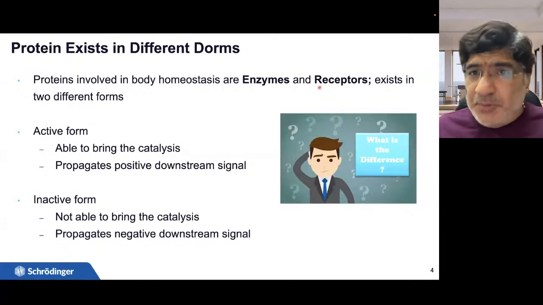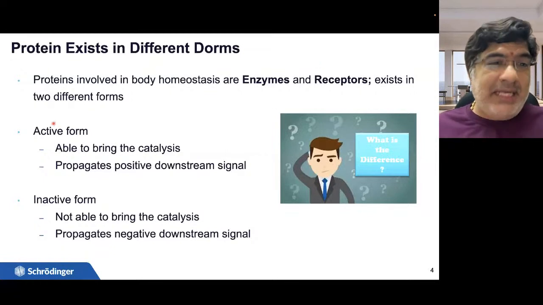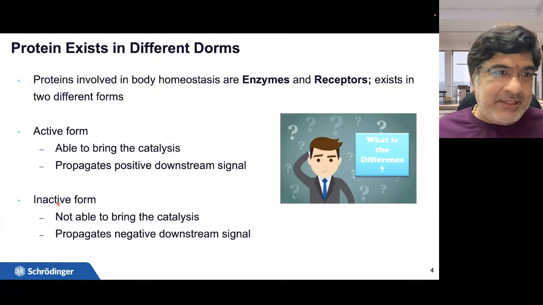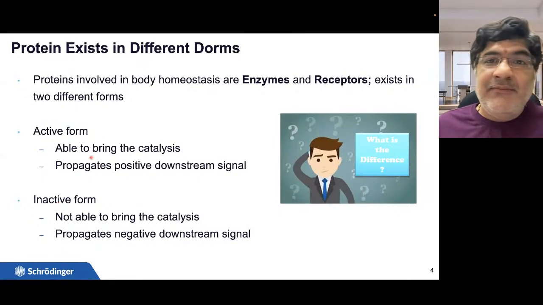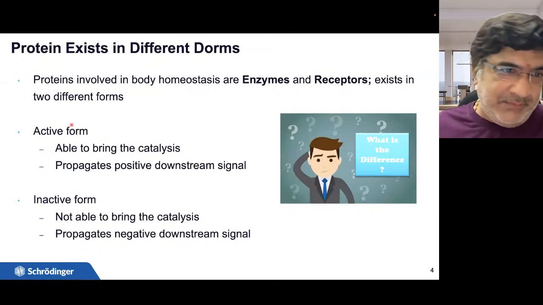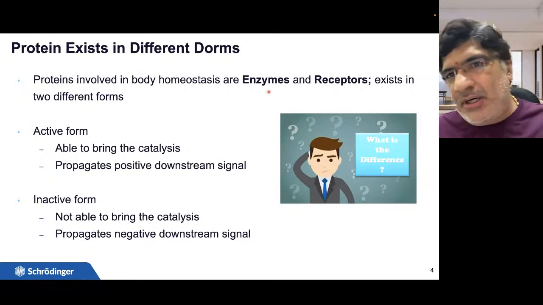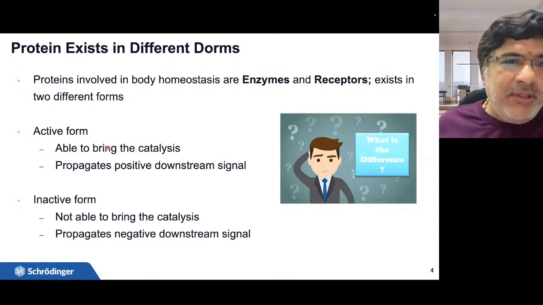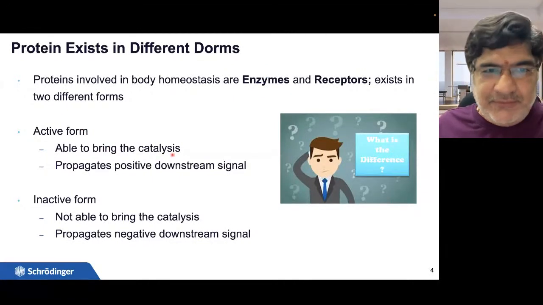When we talk about proteins, whether enzyme or receptor, it could exist in active form or inactive form. What is the difference? The observation here is when the protein is in active form, and when I say protein, just imagine it could be an enzyme or a receptor. If it is existing in the active form and it is an enzyme, you would observe catalysis happening, a product formation.